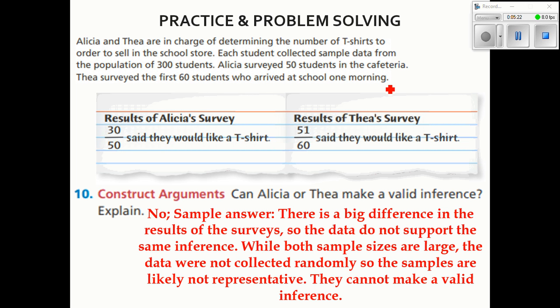Maybe you have some clubs or sports that you're practicing for. They might have a better notion to purchase T-shirts for their school than people in the cafeteria who might not normally care about wearing a school T-shirt.